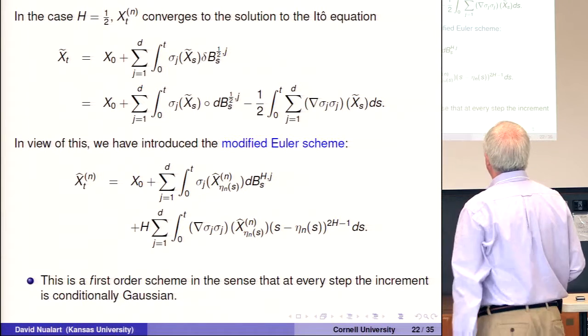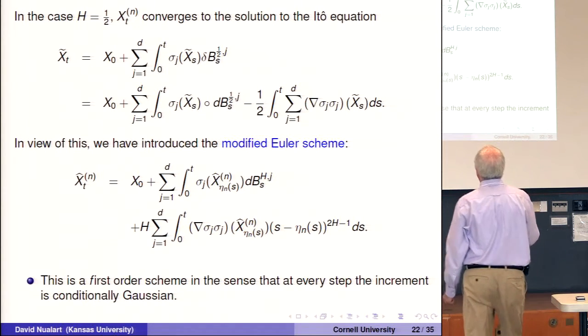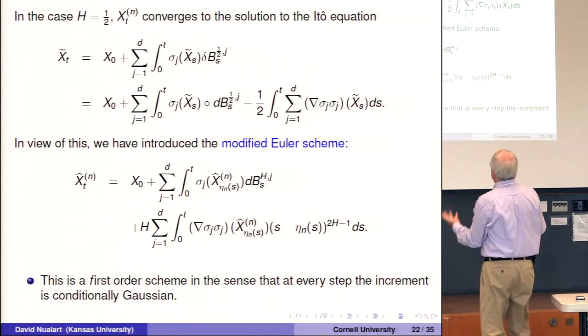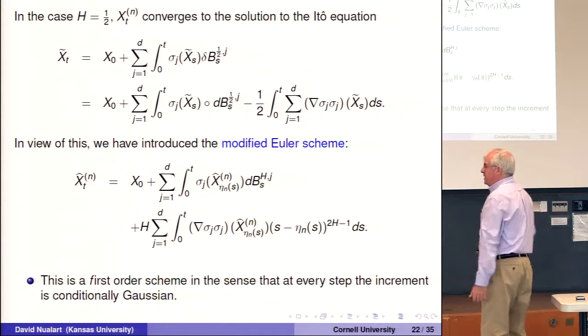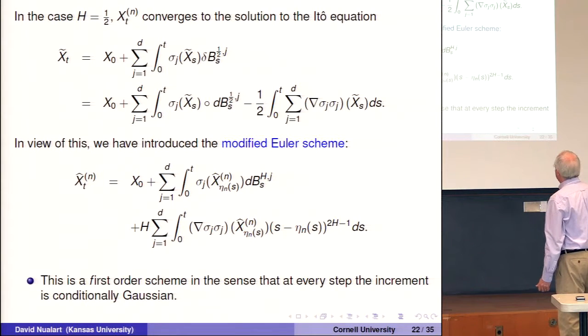So I repeat, when H is 1/2, X^n converges to the solution of the Ito equation, which can be written as a Stratonovich equation plus a correction term. So now the idea is, let's take a modified Euler scheme in the sense that I'm going to add a term which is similar to the Stratonovich correction term. Instead of s, I take s minus eta_s to the power 2H minus 1. When H is 1/2, this is just 1.